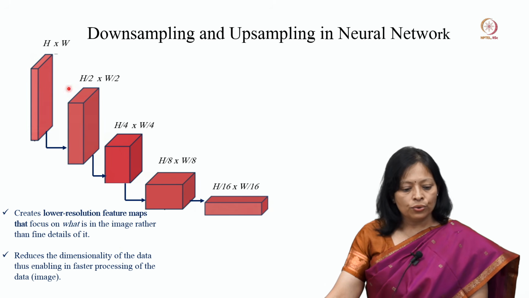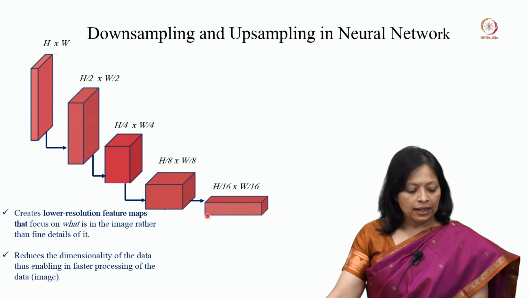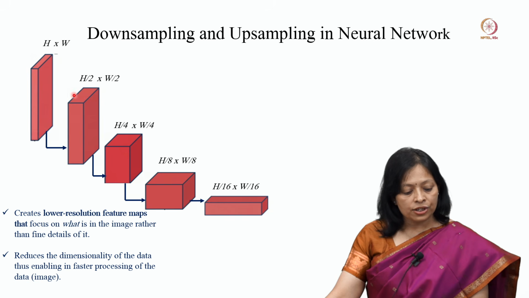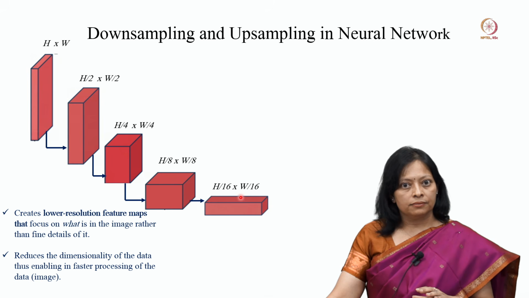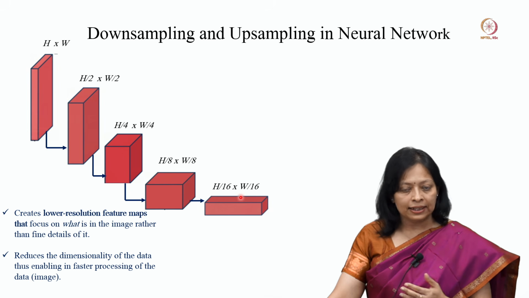So, when we do downsampling, it creates a low resolution feature map, because when we are reducing the dimensions, the finer details are lost.